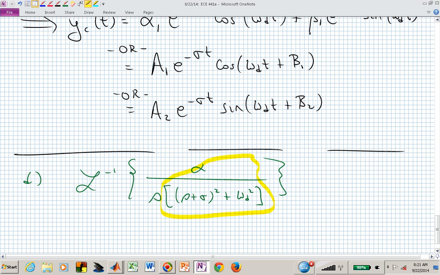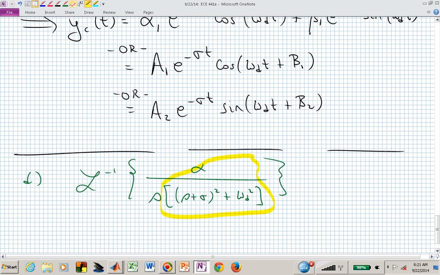If I had the unit step, then alpha is just part of my system. But what I've shaded in yellow highlight is sort of a transfer function of a second order system. The step is the 1 over s piece.